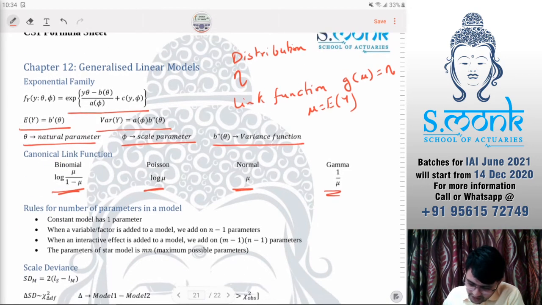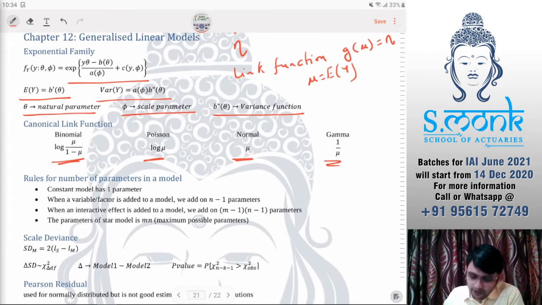Then for a model, it's going to be important to find the parameters of a model. There's a basic rule that first of all, a constant model will have one parameter. Now if we add a variable or a factor to the model, then we are adding n-1 parameters.